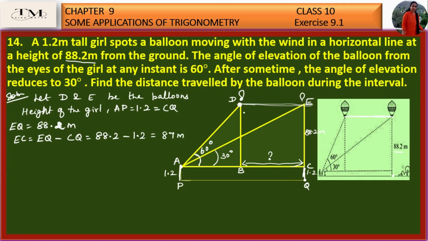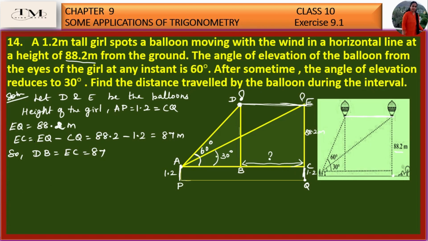So EC and DB are same. Because D and E are in the same horizontal line, this length DB and EC will be equal. So DB is equal to EC is equal to 87. These are the values known. We have to find out BC.